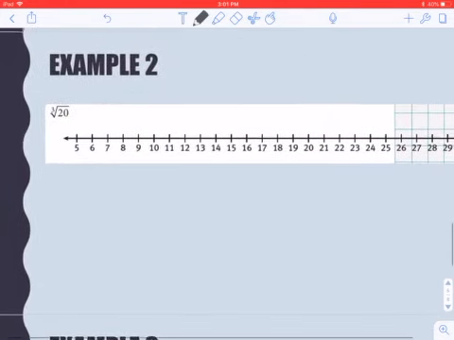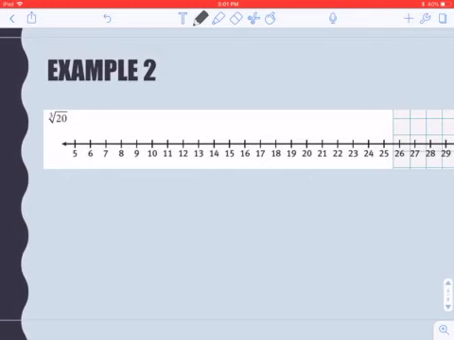In example 2, we actually want to do the cube root of 20. With cube roots, you do the same thing, but we think about the cube root of 8 is 2. The cube root of 27 is 3, which means that the cube root of 20 is going to be closer to 3 than it is to 2.